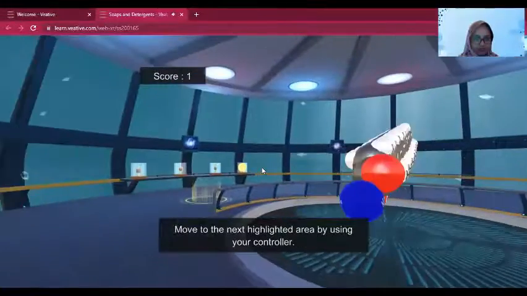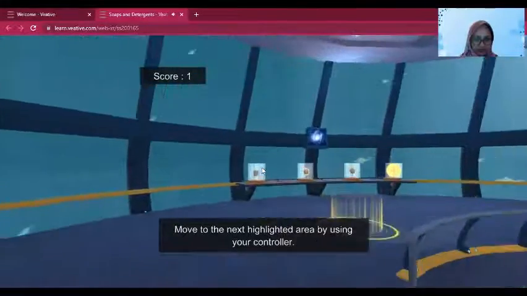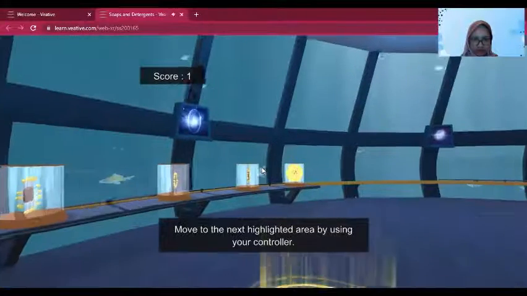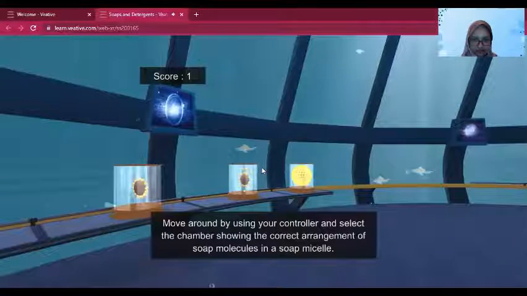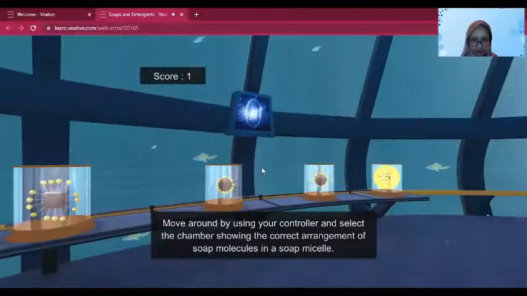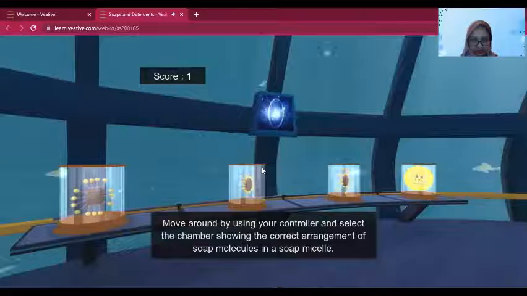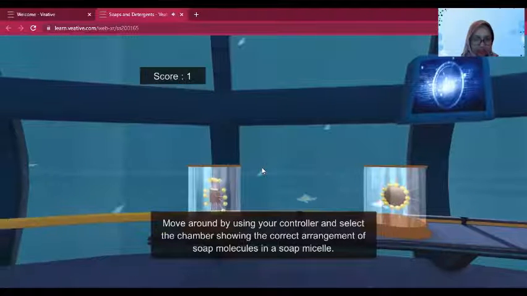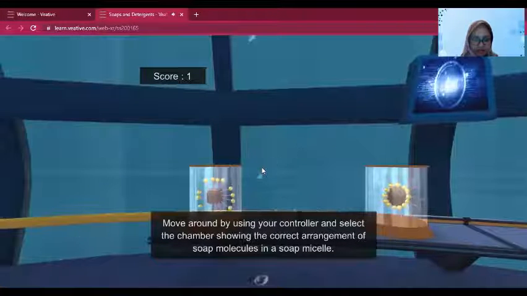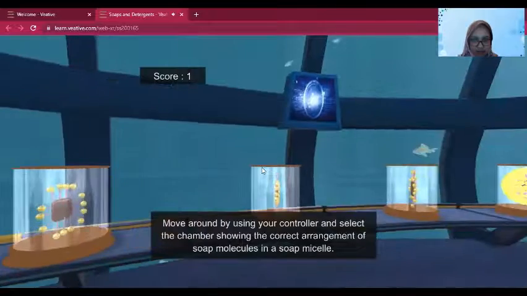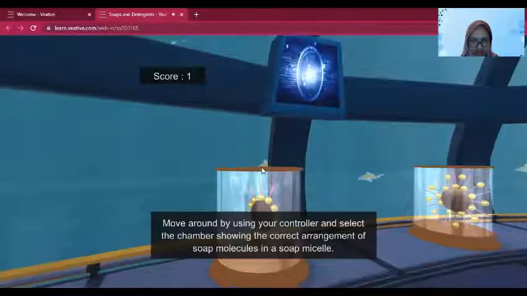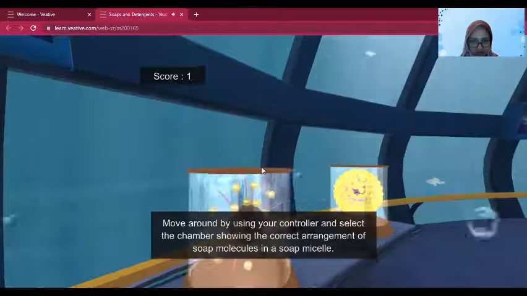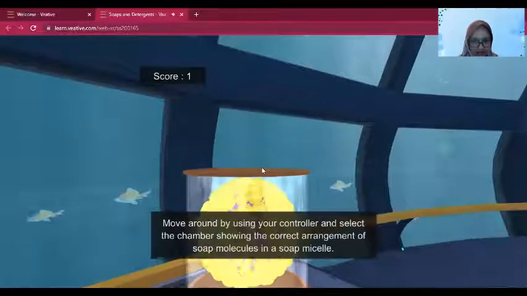Okay, so soap molecules in a soap micelle, does it look like this, or like this, or like this?